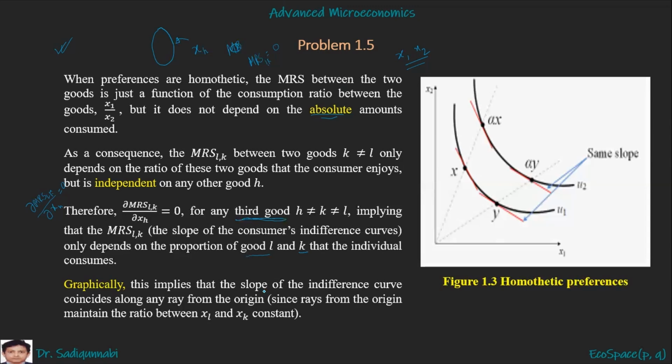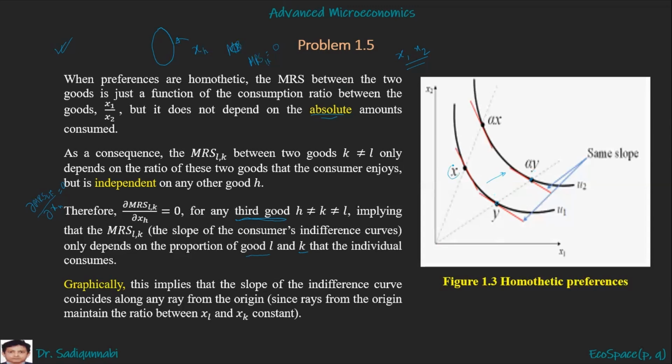Graphically, this implies that the slope of the indifference curve coincides along any ray from the origin. So here you see the ray from the origin, and the slope of the indifference curve. If we go for a monotonic transformation, the slope remains the same. That's why the slope is parallel along any ray from the origin.